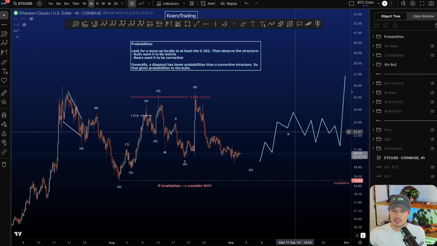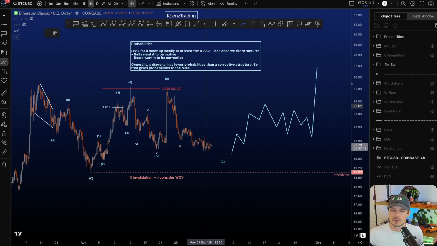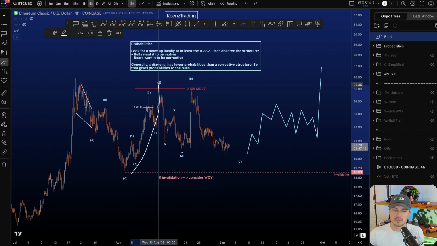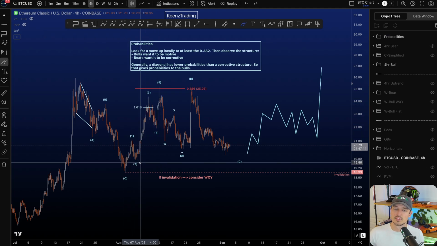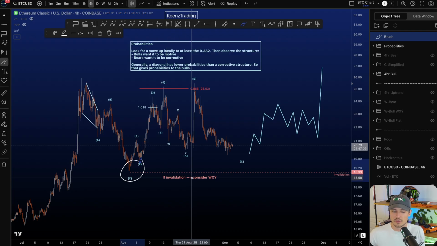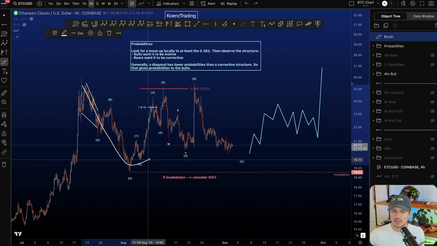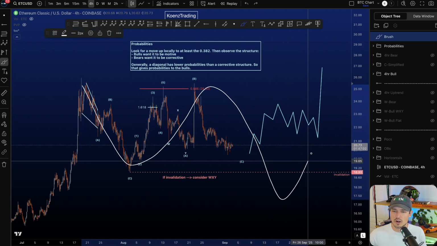And you can also see, which is a little side note, I suppose, that even if you would take out this low, it wouldn't be too great for the bulls, as this move up here counts best as an impulse. But then if you take out this low, the bulls are going to be counting WXY. So you get WX and then you're looking for Y and then a move up.